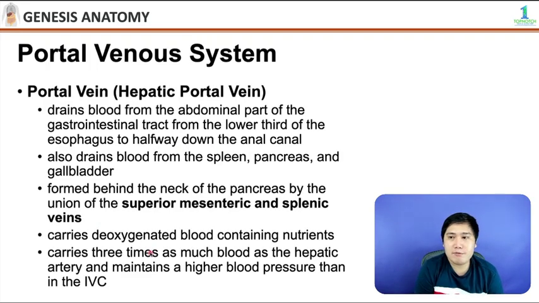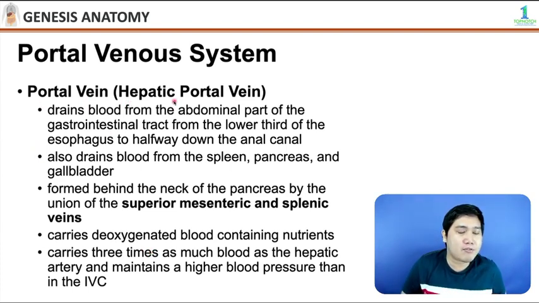In terms of venous drainage, the majority will drain to the portal vein. Other books may term this the hepatic portal vein. It drains the blood from the abdominal part of the GIT, which starts from the lower third of the esophagus up to the upper half of the anal canal, as well as the spleen, pancreas, and the gallbladder.